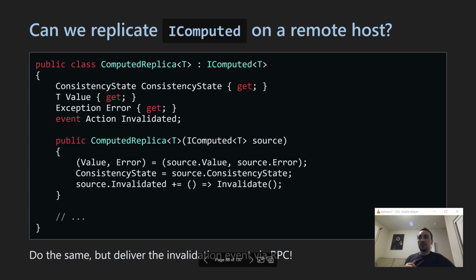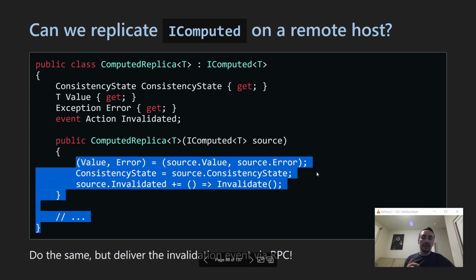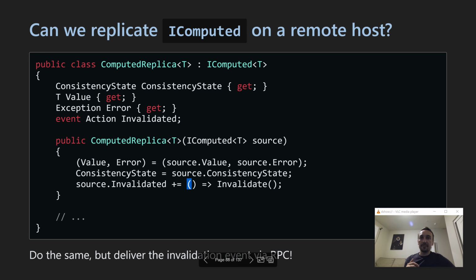All you need is to copy the value and consistency state, and also propagate the invalidation event. You subscribe to the source's invalidated event, and when it happens, you invalidate this thing.